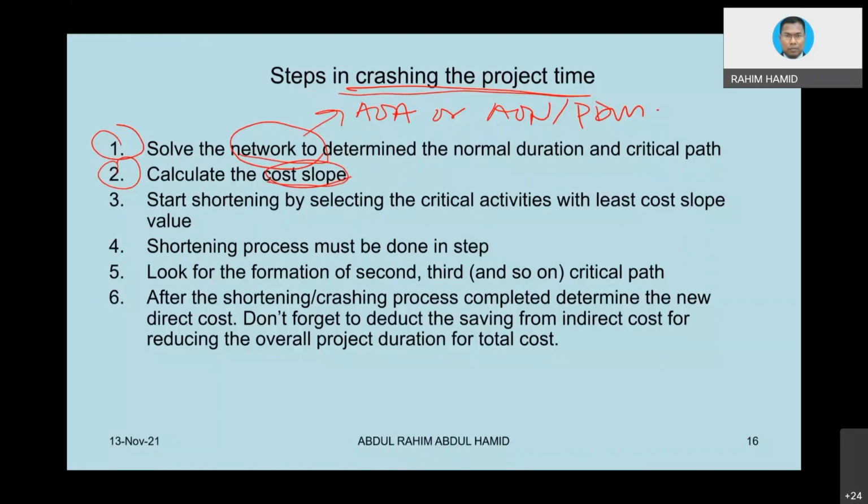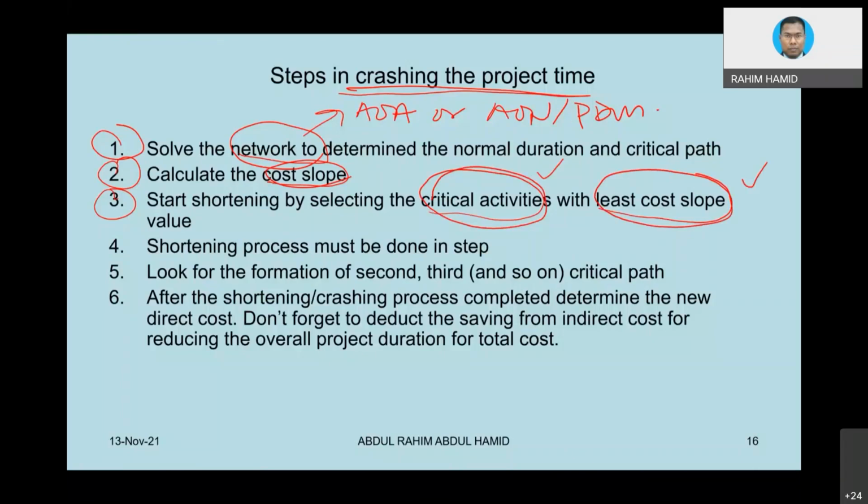Third, start shortening or crashing by selecting critical activity, that is the keyword, with the least cost slope. Even though each activity might have a cost slope, among the cost slopes one could be more expensive than the other.